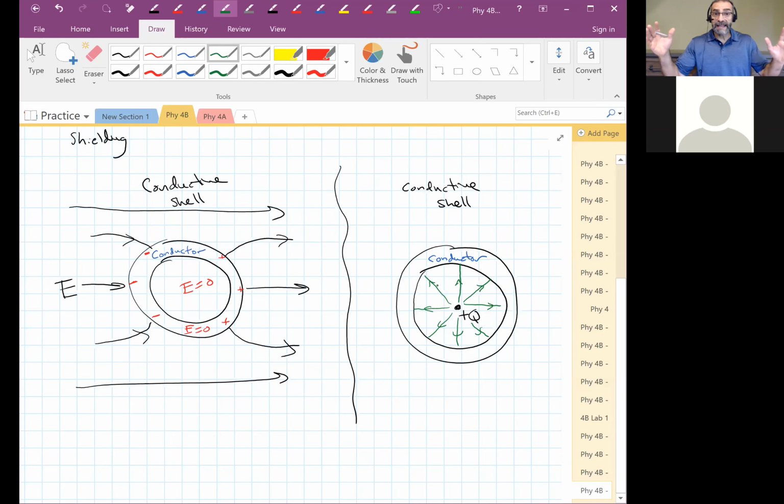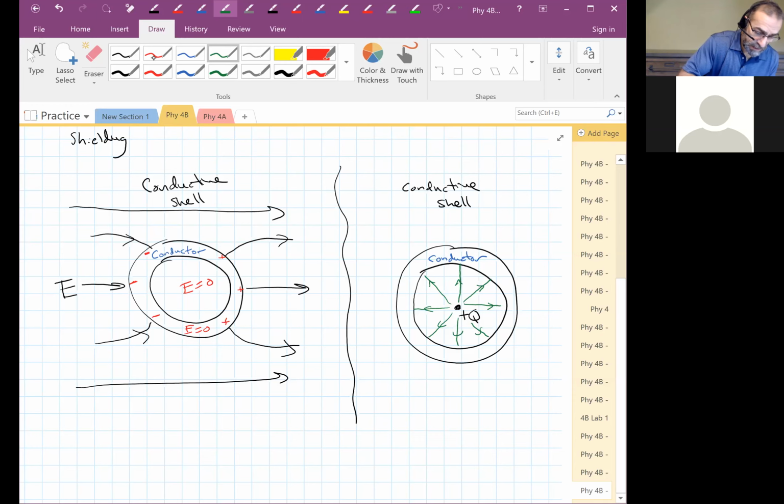But inside that conductor, what's going to happen? As soon as we get an electric field inside that conductor, the electrons are going to feel a force toward the inner surface. So electrons are going to keep moving toward the inner surface until they have exactly canceled out the electric field, and the electric field is zero in the conductive material.